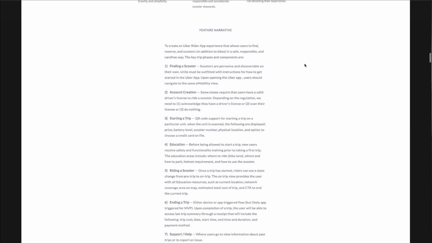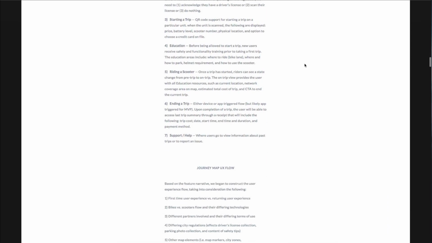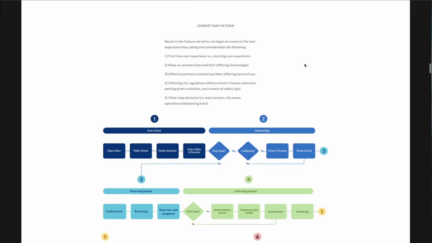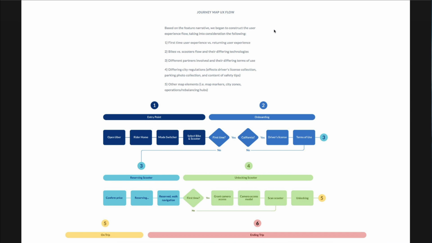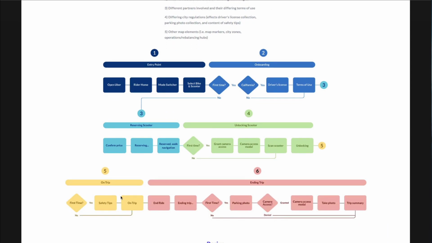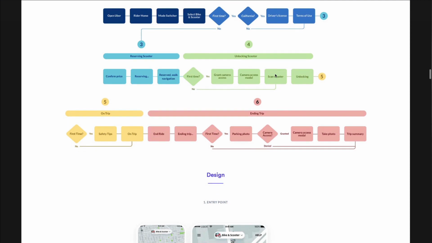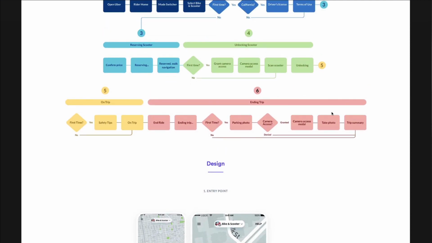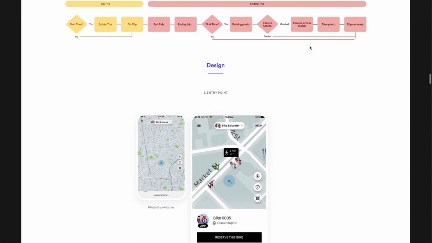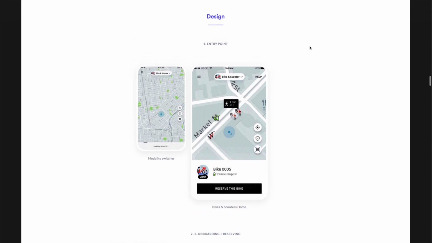So the ideation, like how he went into more detail here. Also this journey map, UX flow, this is really easy to understand, something which I'm assuming it's quite complex. This was not an easy problem to solve, so there was a lot of variables involved. And here we go to the design phase.